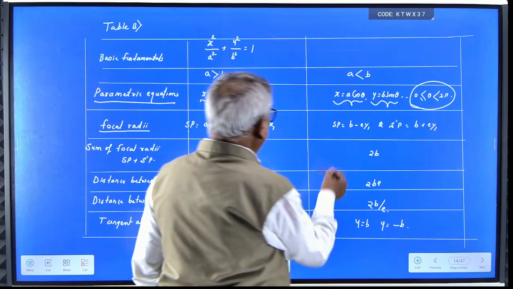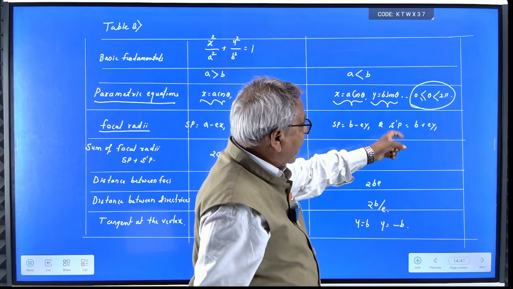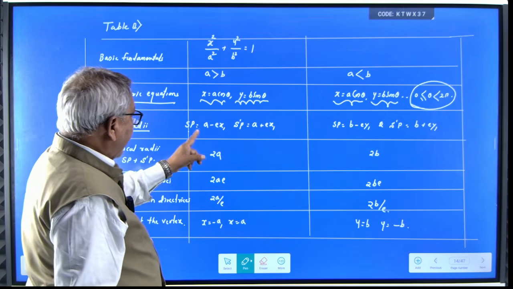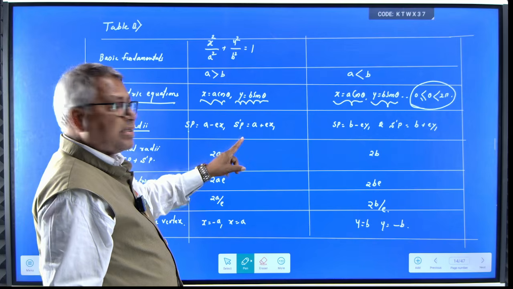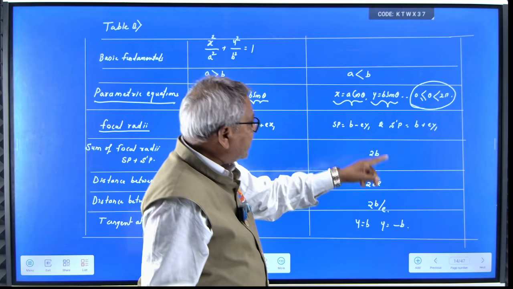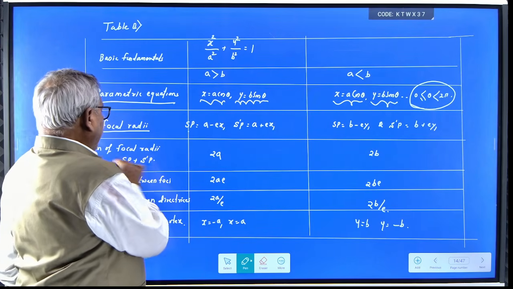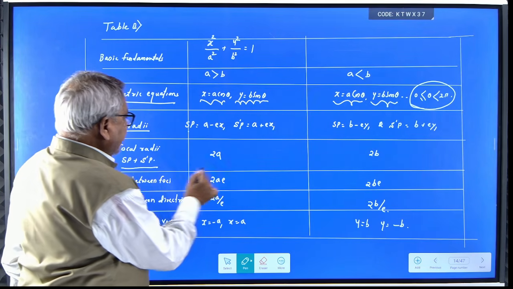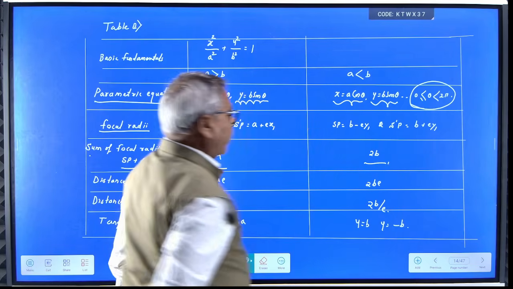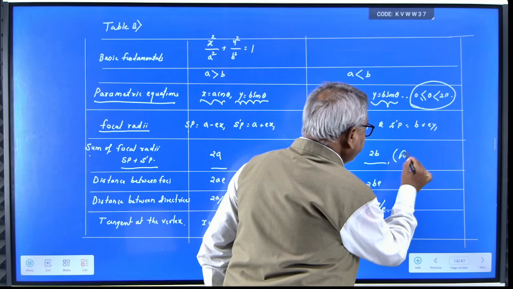And here SP becomes exactly opposite: b minus e y1 and S dash P is equal to b plus e y1. The sum of focal radii SP plus S dash P is equal to 2a. Here it is 2b, not a, because 2b becomes the major axis.